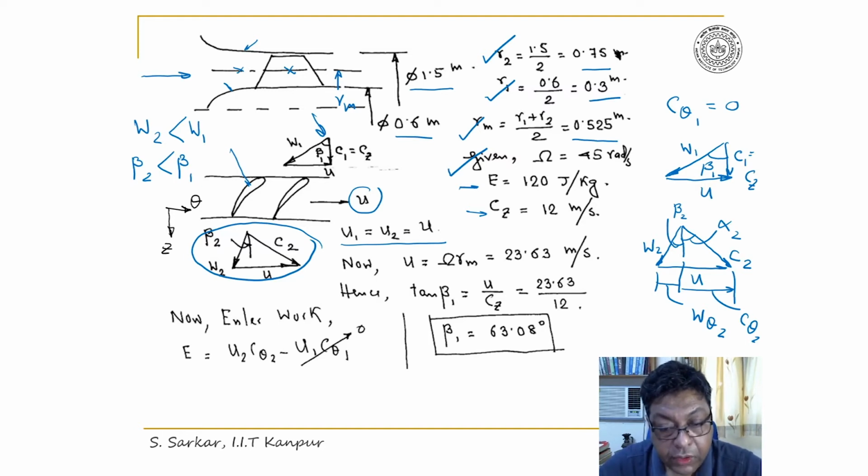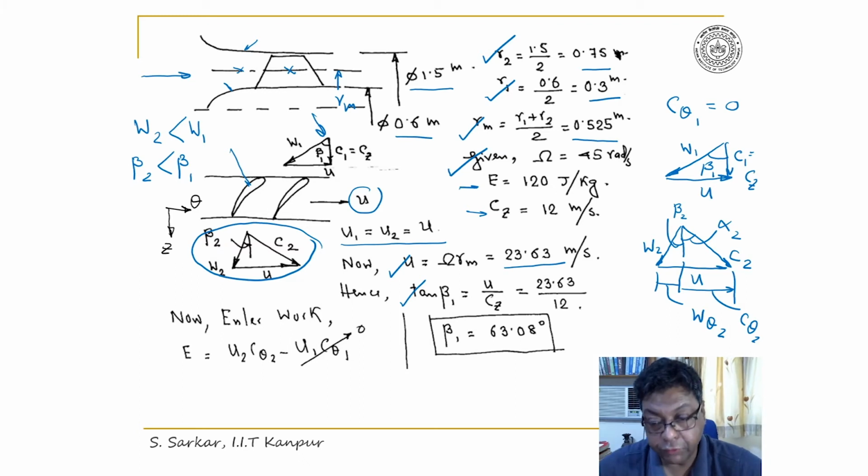Now, U, the blade speed, is equal to omega into Rm at the mean radius. Omega is given, Rm I have just calculated. So if you take the product of the two, this will be 23.63 meters per second. Thus, from the inlet velocity triangle, I can project tan beta 1 is equal to U by Cz.